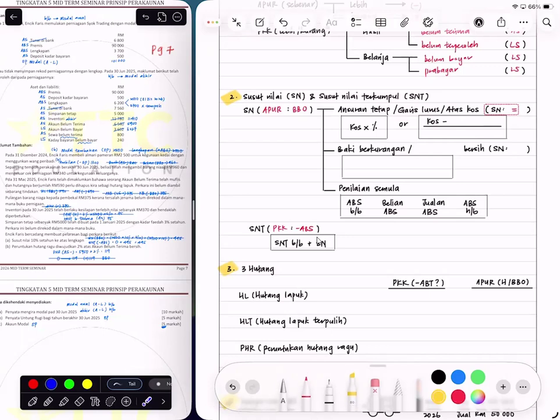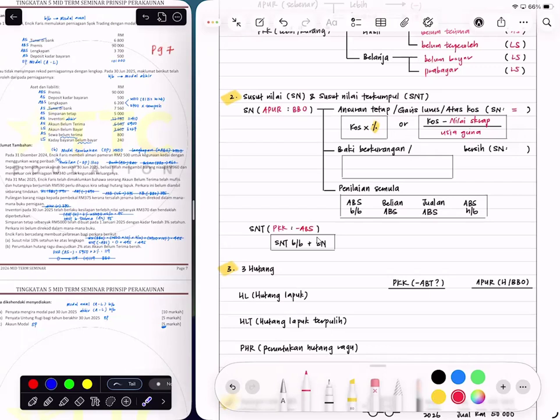If the question gives you the cost and the percentage, then you need to take the cost times percentage. But if the question gives you other information, which is nilai scrap and usia guna, then you need to use the second formula by substituting all the information given in the question into the formula.